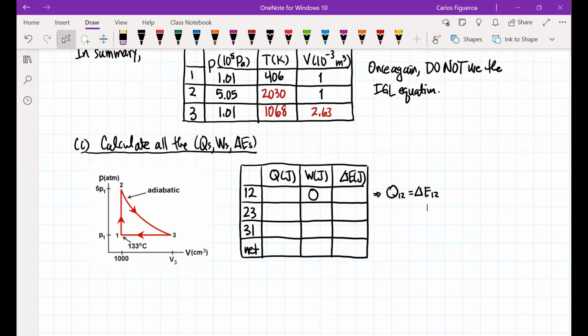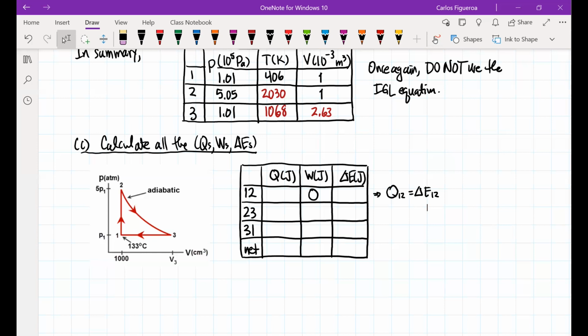When you do that, I can rewrite this as 3/2 of P2 V2 minus P1 V1. But since the volume is fixed, this is an isochoric process. Oh, look at that, I called it isobaric. That's wrong, it should be isochoric. Bad language. Note that the volume is fixed, so this should really be 3/2 times the difference in pressure times the fixed volume.